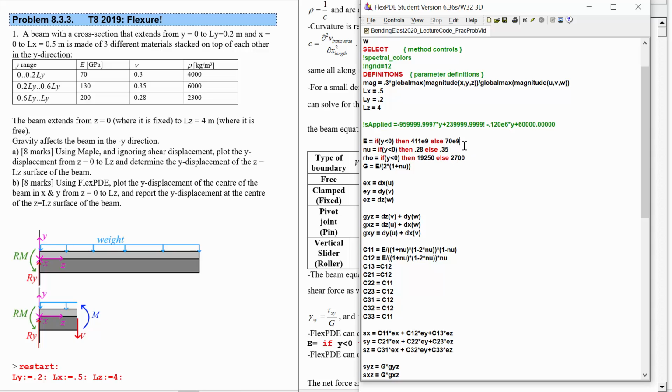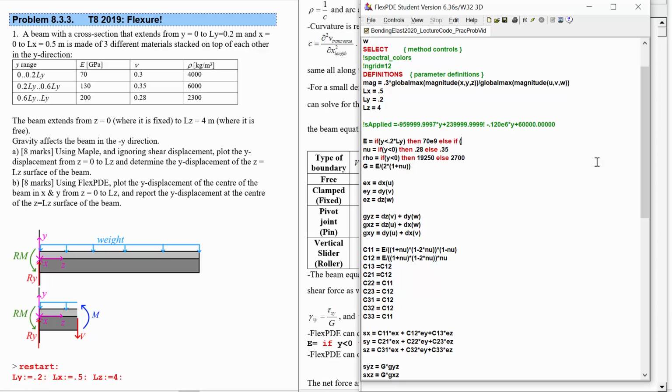And now we've got the material parameters. How are we going to put these in? Well, we're going to say that if y is less than 0.2 times Ly, then 70 E9. How do we deal with the next one? Well, just like in programming languages generally, rather than just else, we're going to say else if.